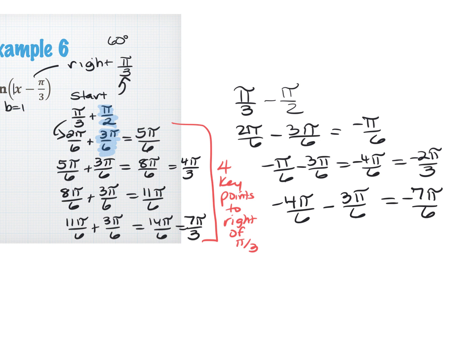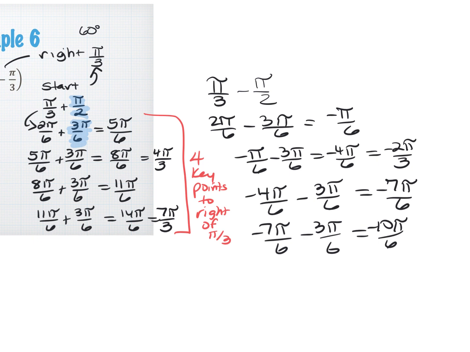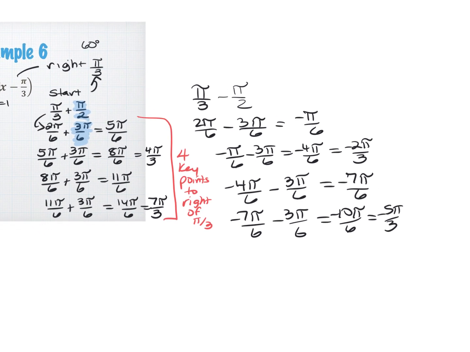And then I need 4 of them, so I've got to do it one more time. So negative 7 pi over 6 minus 3 pi over 6 gives me negative 10 pi over 6, which reduces to negative 5 pi over 3. These are now the 4 points to the left of the starting point.